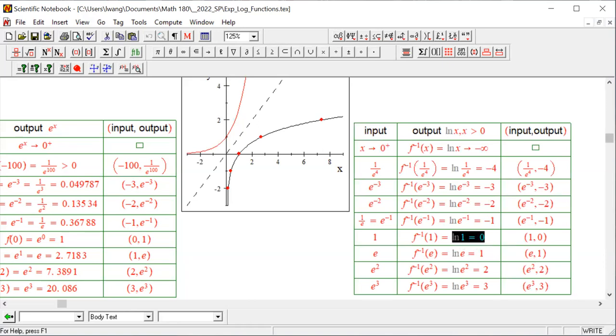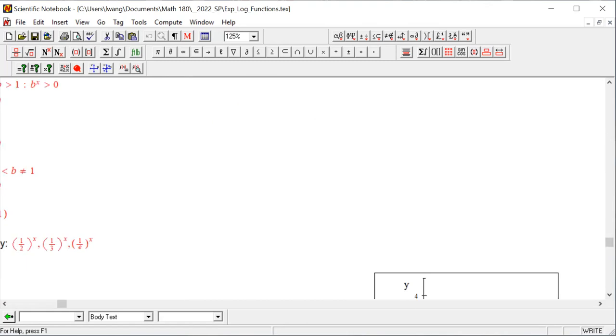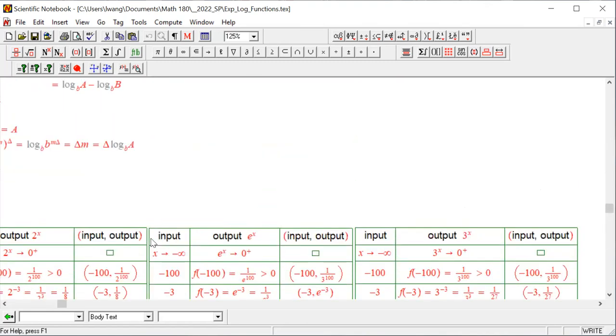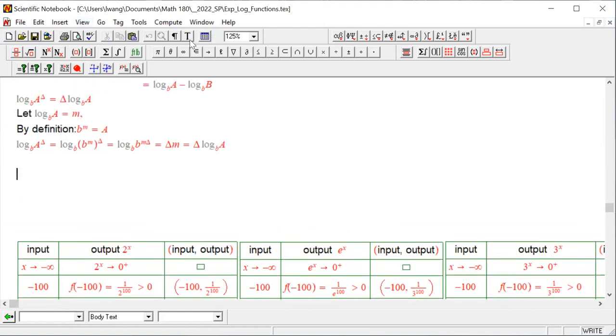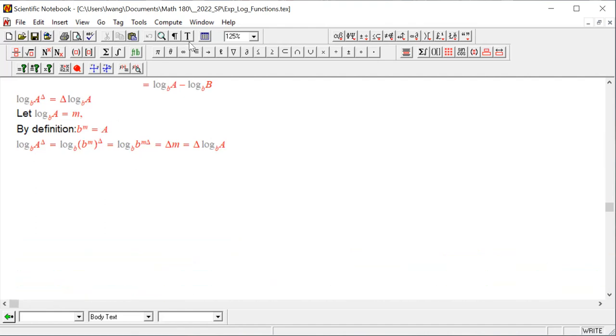So what have we seen? Log base 2 of 1 is equal to 0. That's the x-intercept. And we also see log base 3 of 1 is also equal to 0, and ln 1 equals 0.